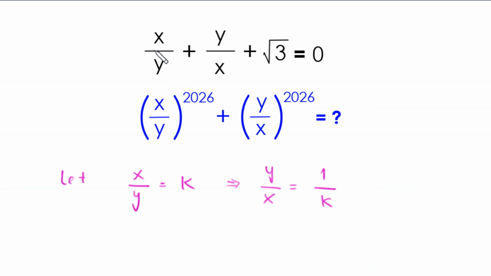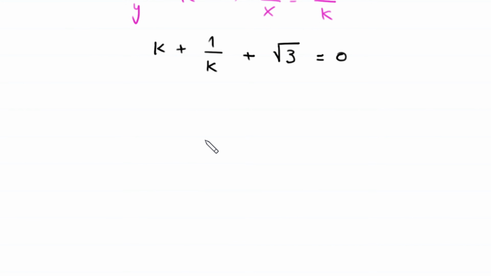So the original equation will become k plus 1 over k plus root 3 equal to 0. Now we move this root 3 to the right hand side, then this becomes k plus 1 over k equal to negative root 3, and from here we take the square of both sides.